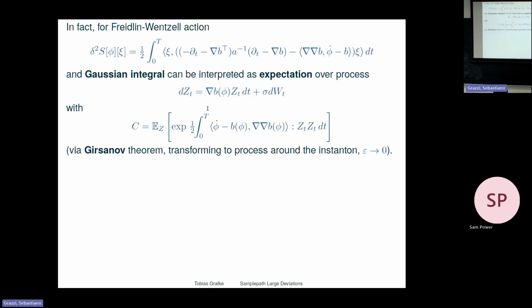So the Gaussian integral over this density can again be interpreted as an expectation over a process, just doing one step back. This is the same as this process Z, which is basically the linearization of my original system around the instanton. This makes sense in an importance sampling way anyway. I'm saying this is the most likely one.